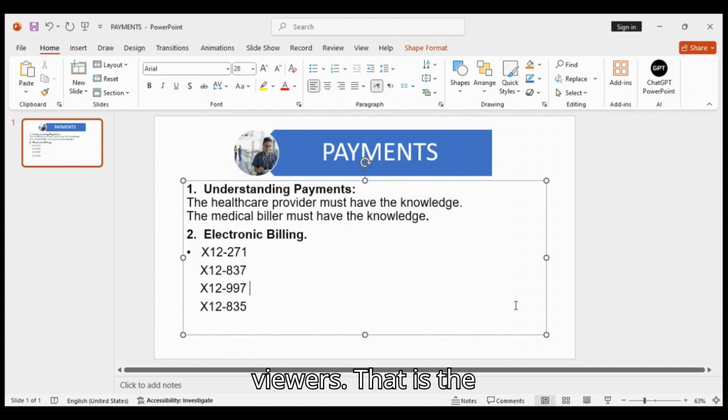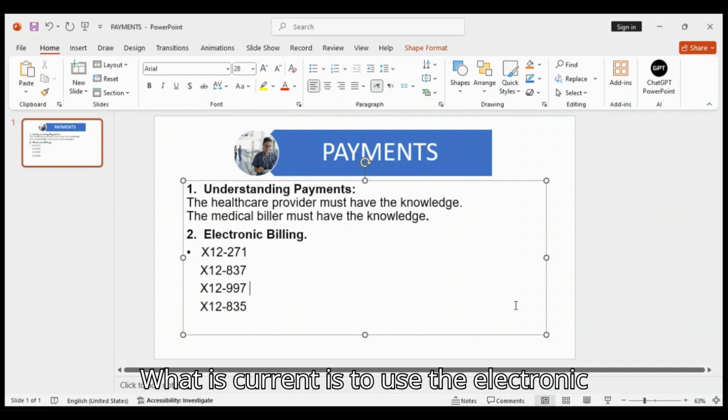Viewers, that is the end of electronic billing. In summary, payments need to be understood. Payments can be processed in two different ways.